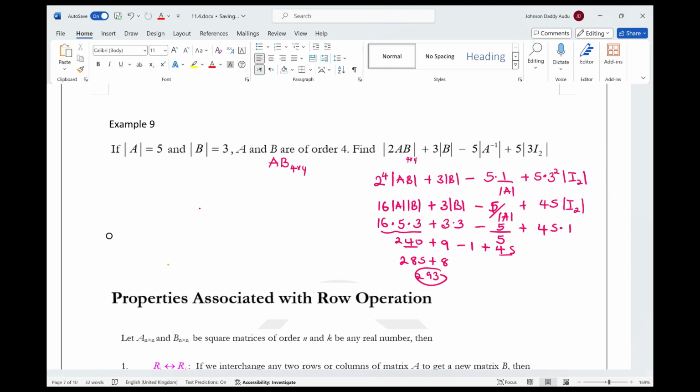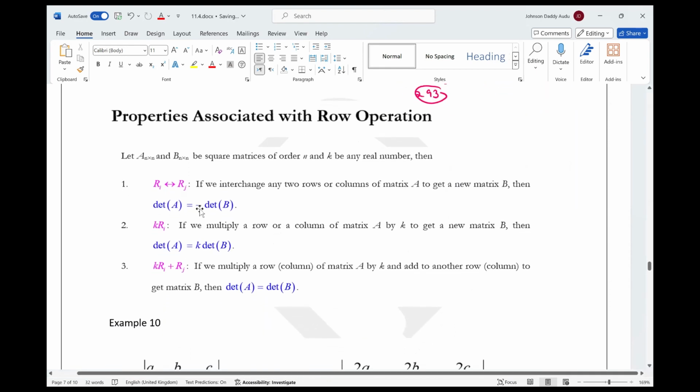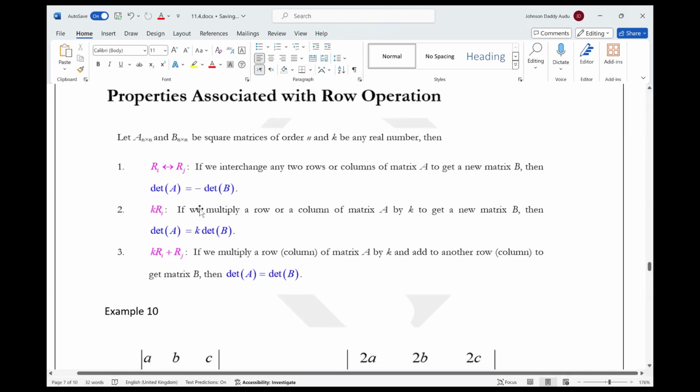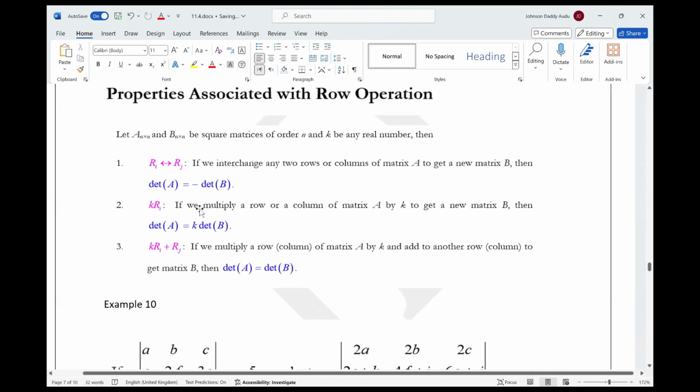Now let's look at other properties that are associated with row operation. So this is saying if you have a matrix A and B, they have the same size.